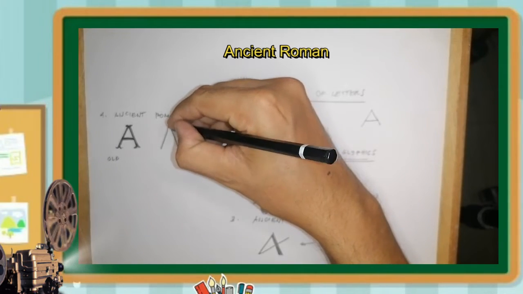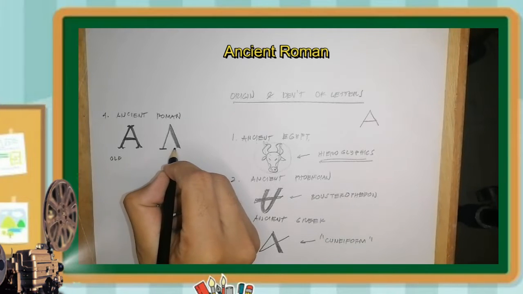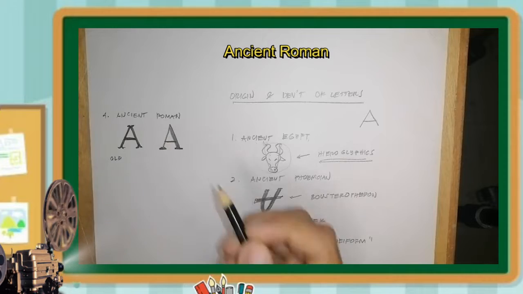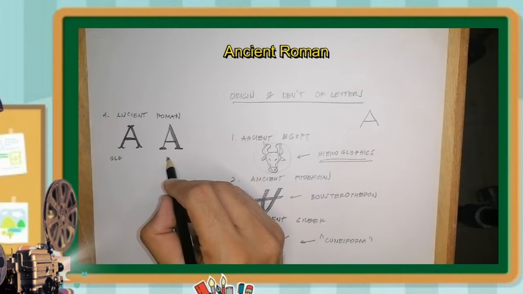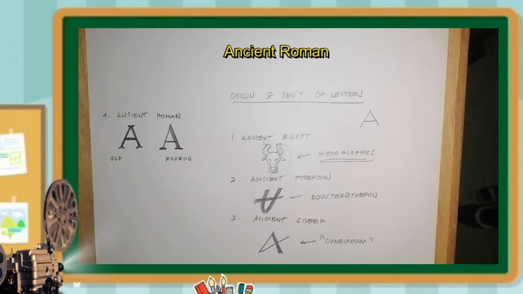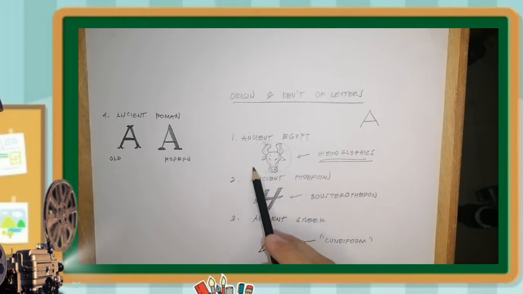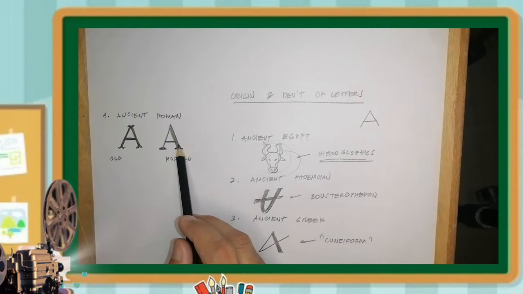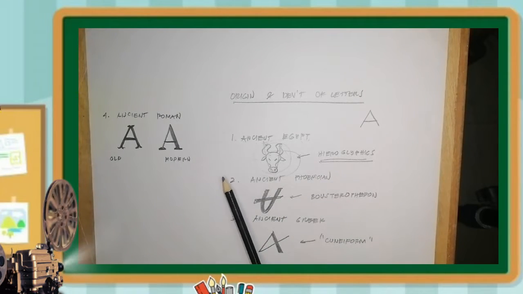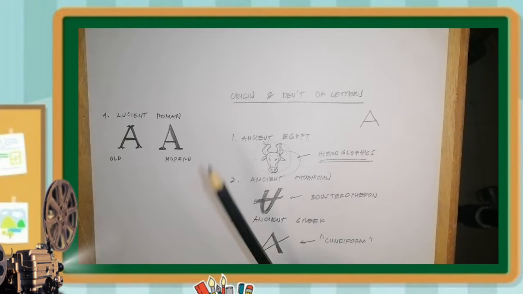Ito na yung familiar sa atin, yung modern Roman letter A. Okay, so this is the old, and then this is the modern Roman letter. So makikita natin yung transition between this appearance and then ito. Of course, after the ancient Roman, nagkaroon ng mga modification yan. Normally makikita natin yan sa examples sa mga Microsoft Word and other software.